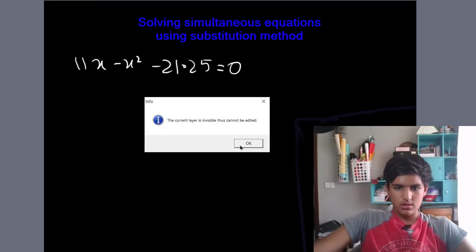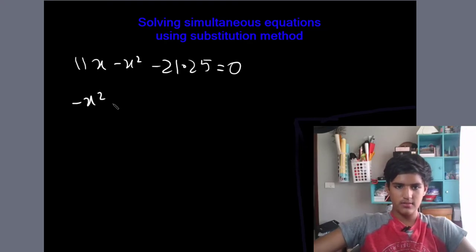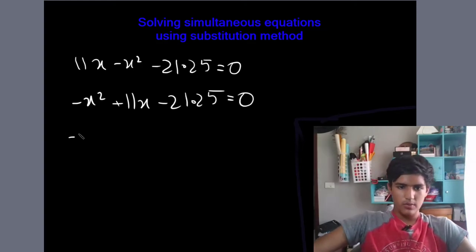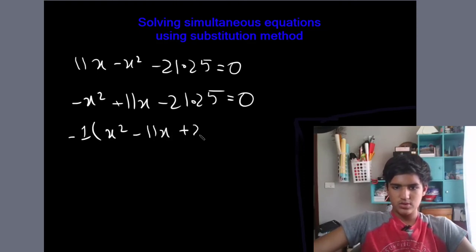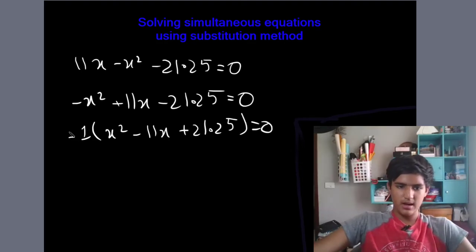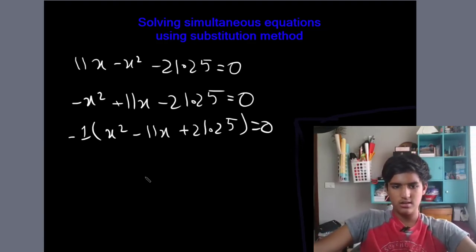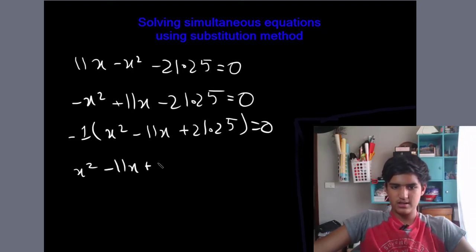So minus x square plus 11x minus 21.25 is equal to 0. We are going to take minus 1 common, so x square minus 11x plus 21.25 is equal to 0.